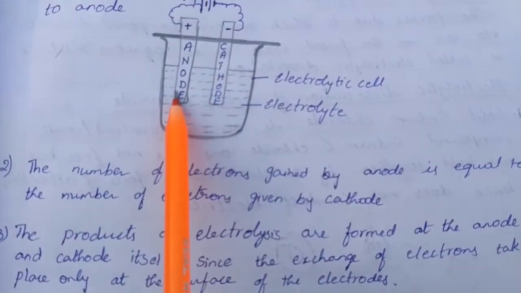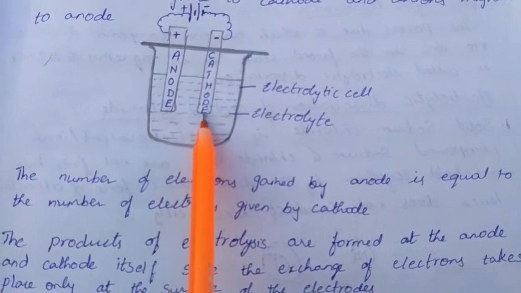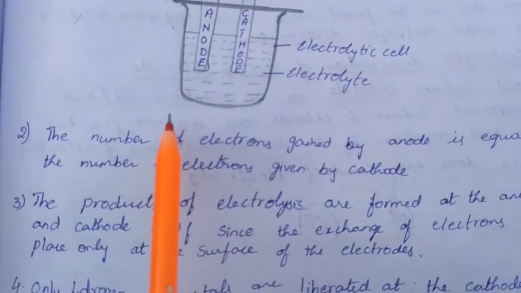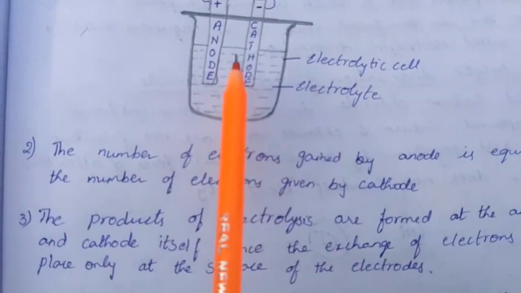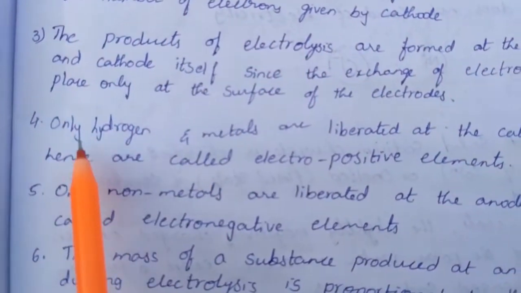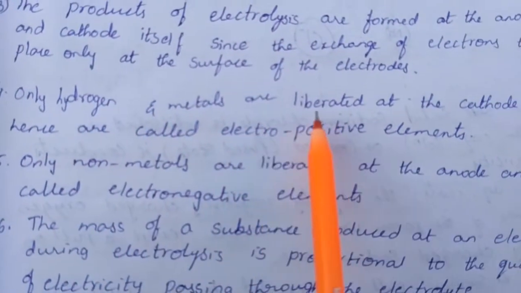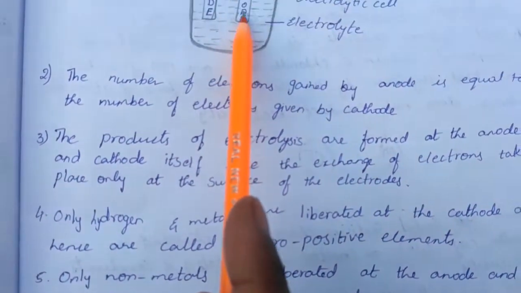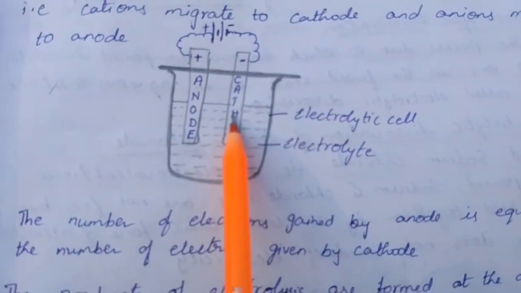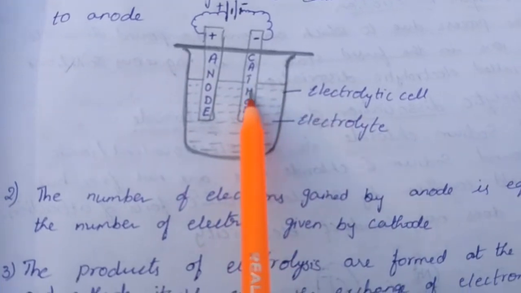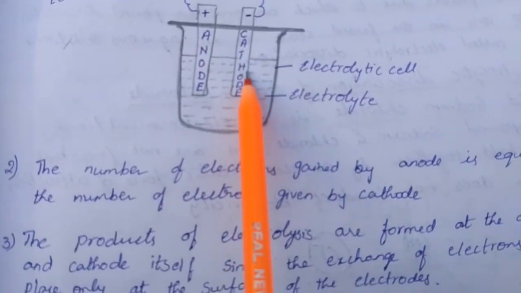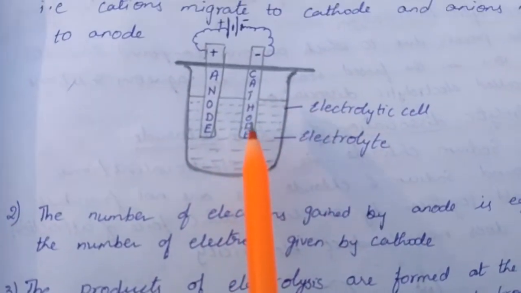Here at the surface of the electrodes, the exchange of ions takes place and the product is formed. Hydrogen and metals are liberated at the cathode. Here at the cathode, we will get hydrogen gas as well as the metals. These will be liberated at the cathode.